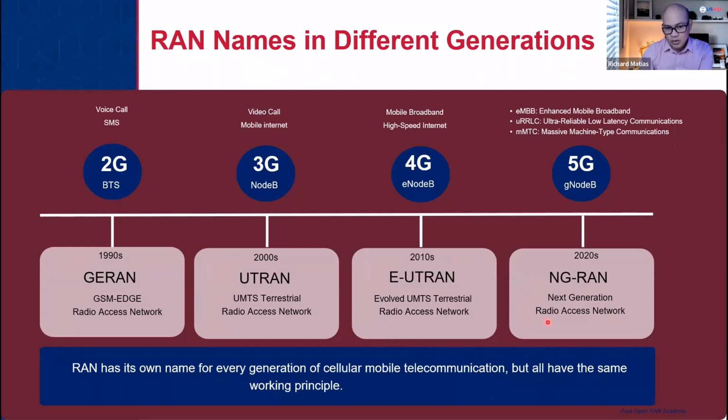So the RAN has its own name, iba-iba yung pangalan niya for every generation, but all have the same working principles. So yung mga connections, mobile architecture is almost the same, but with some variations. Mamaya makikita niyo siya, no? Okay, so ito yung different names ng bawat radio access network belonging to different generations.